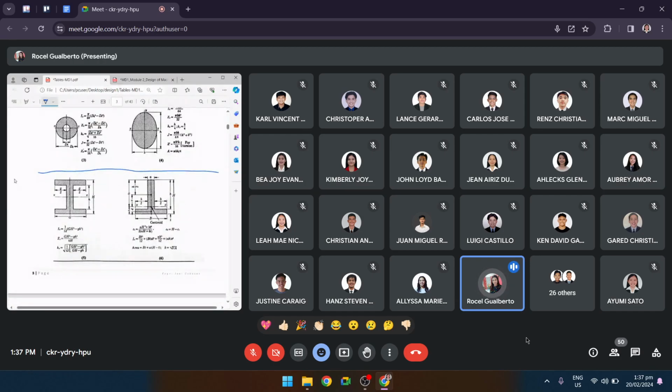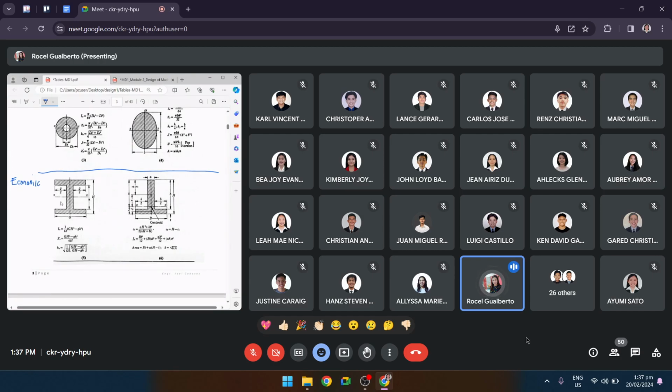Whereas the second type, we call the economic sections. This includes an I-beam and an inverted T. These are considered economic sections, economic since the construction material that would be used to produce them is minimized.